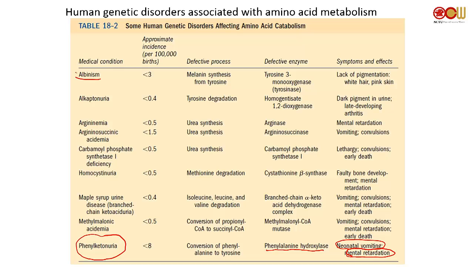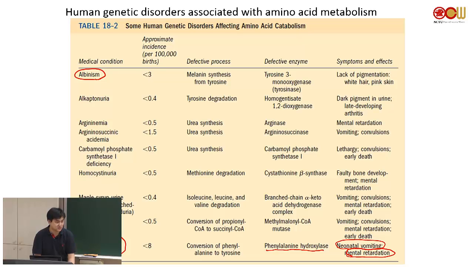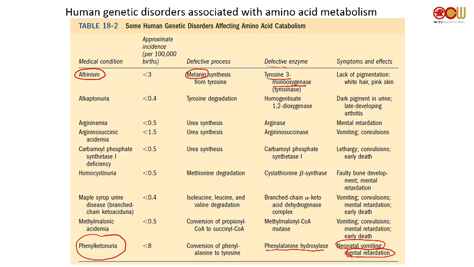For example, albinism. Have you heard of albino? They lack the genes for synthesizing pigment, so the person looks very white, even the eyebrows are all white. This is mainly because they have a defect in an enzyme, tyrosine 3-monooxygenase. As a result, they cannot make melanin. Melanin, hopefully we will cover next week, how to synthesize these different strange compounds. Right? And you also have other stuff. So you can take a look at this chart. You can see that a lot of these enzymes are related to amino acid metabolism.